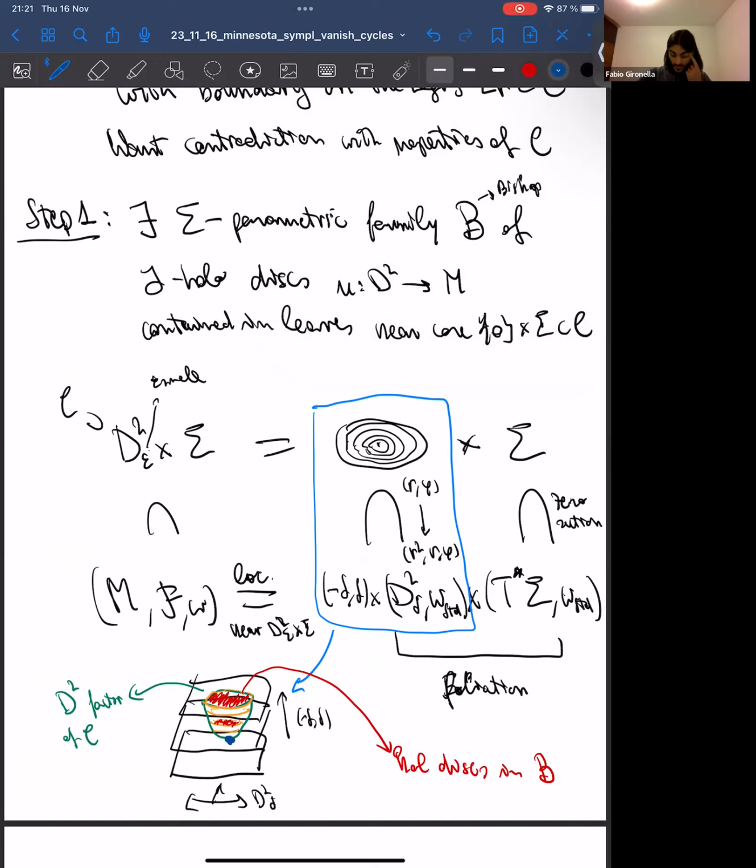So this is the core of C, without the sigma factor, whatever that means. I mean, this picture I need to take times sigma. That's what it means. Okay, is this more or less okay?